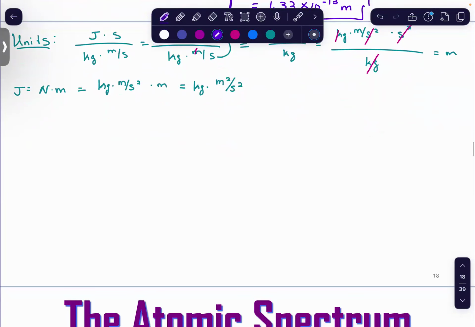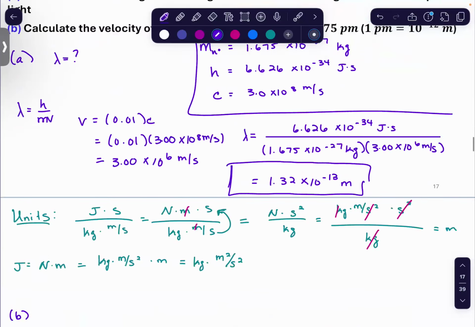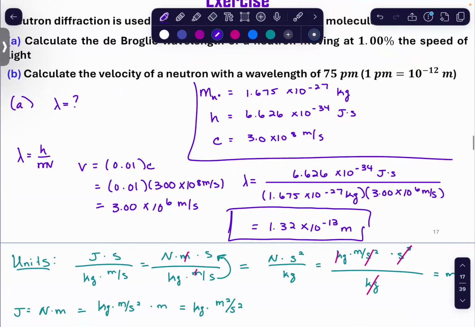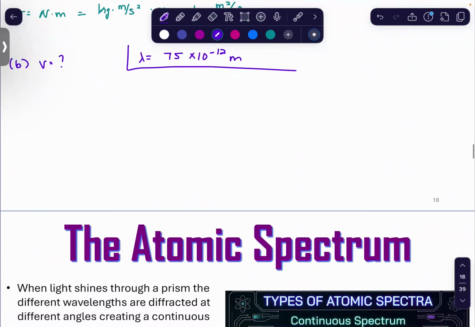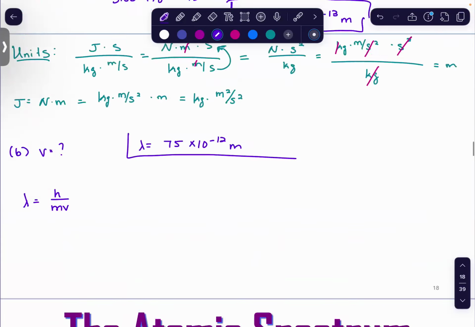So then part B, let's see, calculate the velocity of a neutron with a wavelength of 75 picometers. Okay, so velocity. We have stuff up at the top that'll help us. Our wavelength is 75 times 10 to the negative 12th meters. Well, we know that lambda is h over mv.